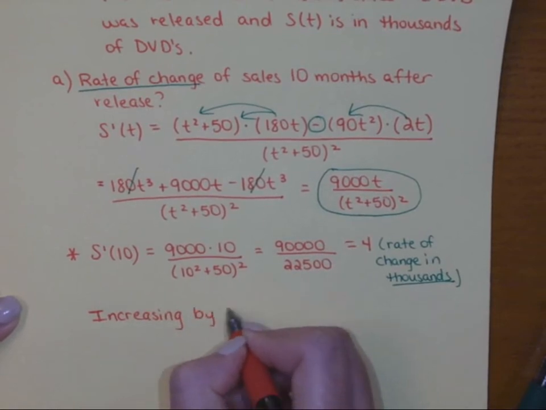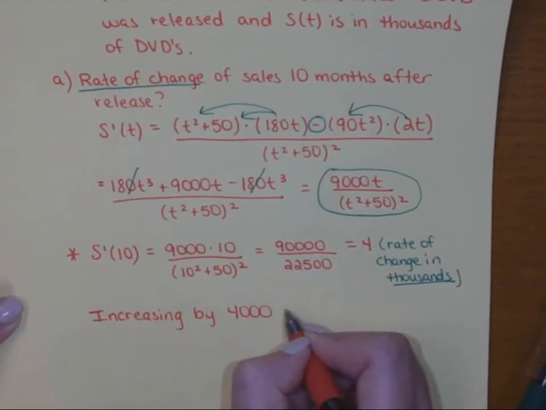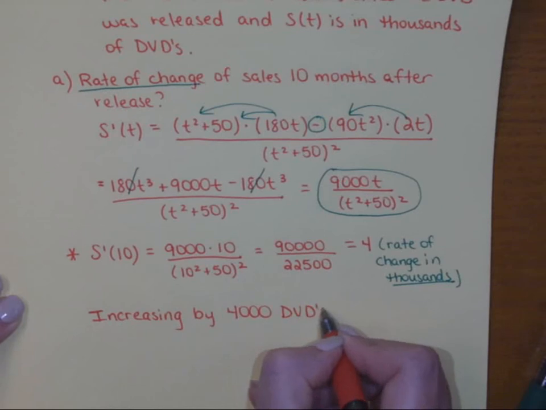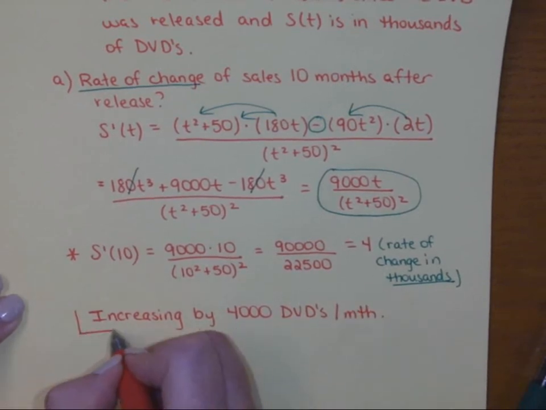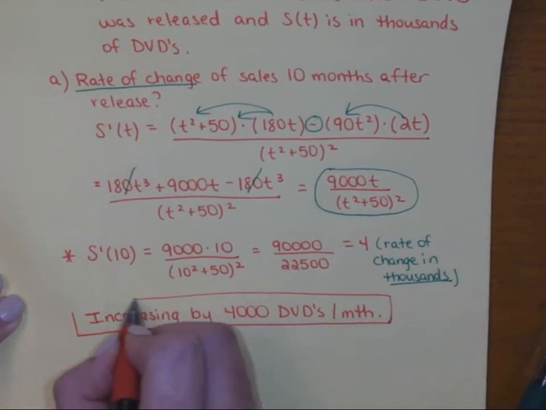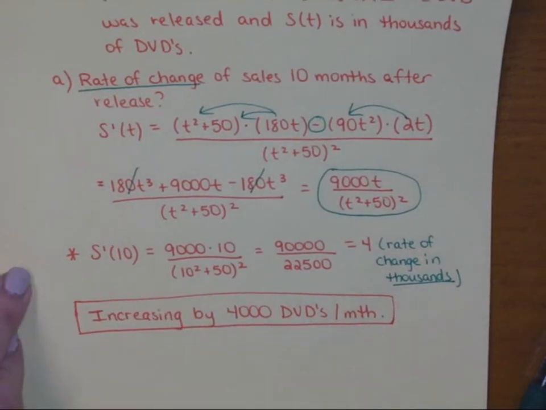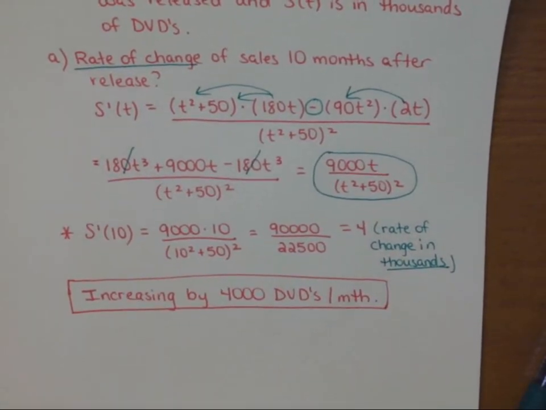We are increasing by 4,000 DVDs per month. Notice a rate of change should always be per a time period. And notice if we would have gotten a negative number, it doesn't mean worse. It doesn't mean the sales are negative. It means the sales are being reduced. They're not increasing at this time.